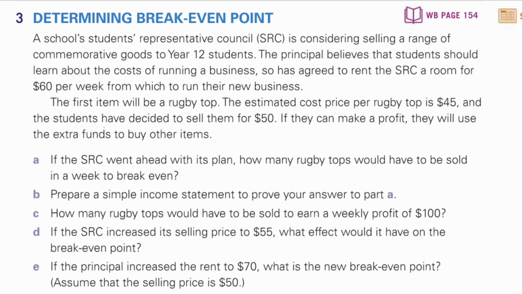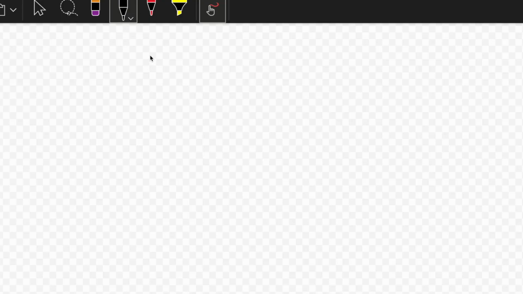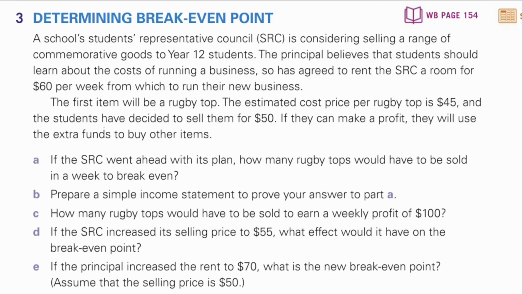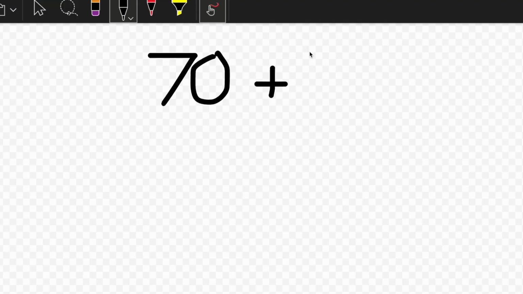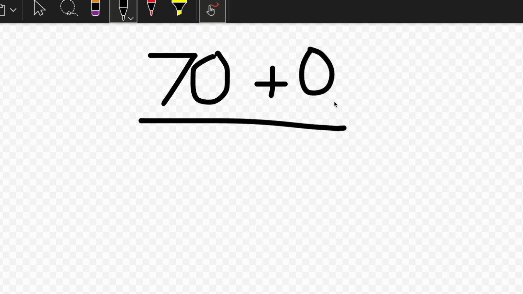So we have everything the same except for the fixed costs, which is the rent. So from 60 it went to 70. Now this question's asking to break even again. So you have 0. Remember, whenever it says break even, you have to have the profit as 0.